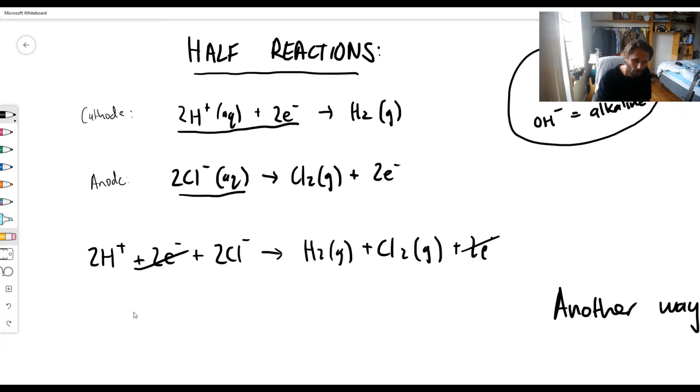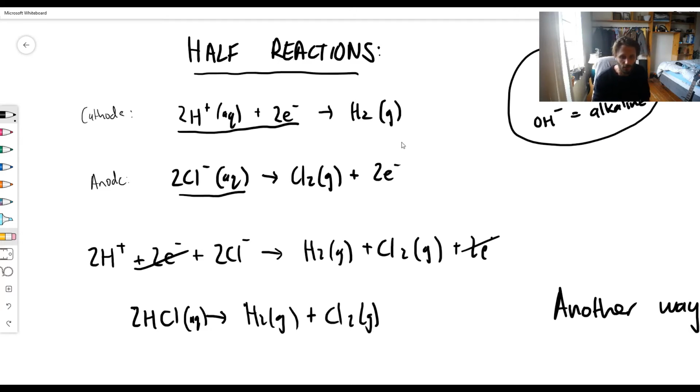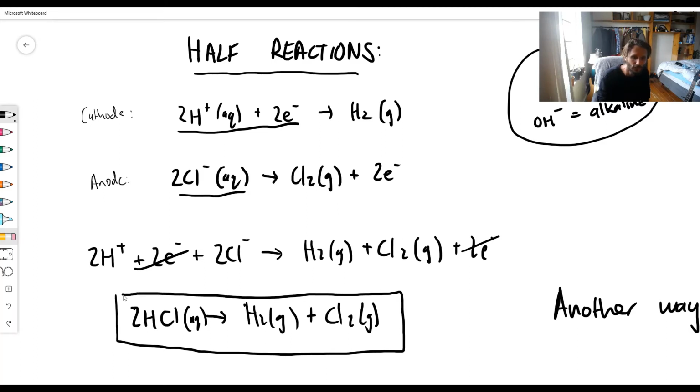So we're going to form 2 HCl, and remember, HCl is going to be aqueous, and then we're going to have H2 gas plus chlorine gas. Okay, so this is basically your finished balanced equation. Is it balanced? Well, we've got 2 hydrogens, 2 chlorines. Yeah, it's balanced. Lovely.